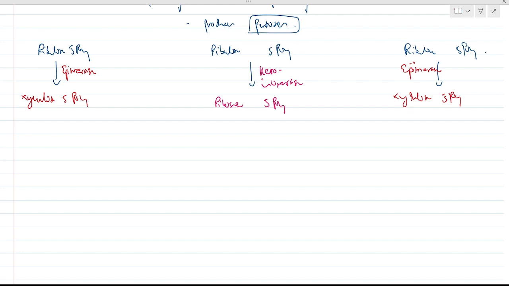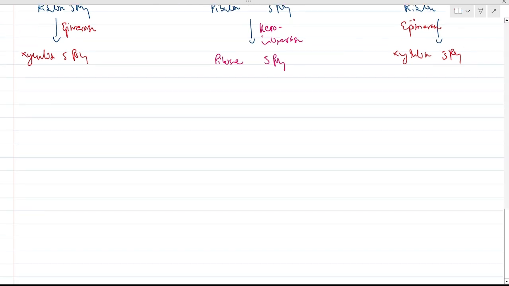Not to be confused, just keep on going with me. These are all 5 carbon. Now the main mechanism will go on between xylulose 5-phosphate and ribose 5-phosphate.